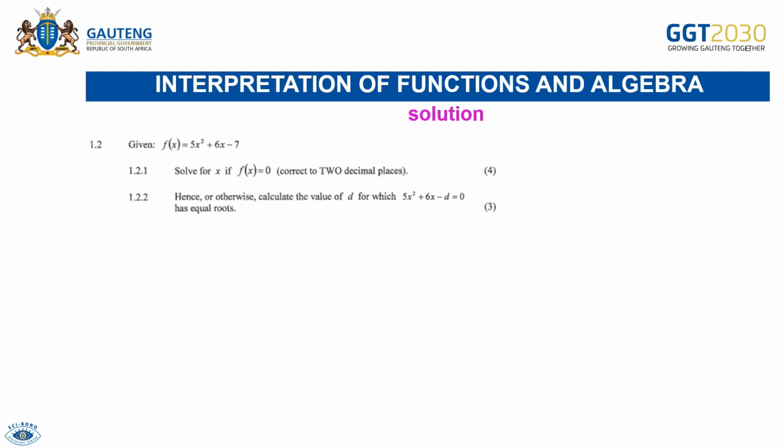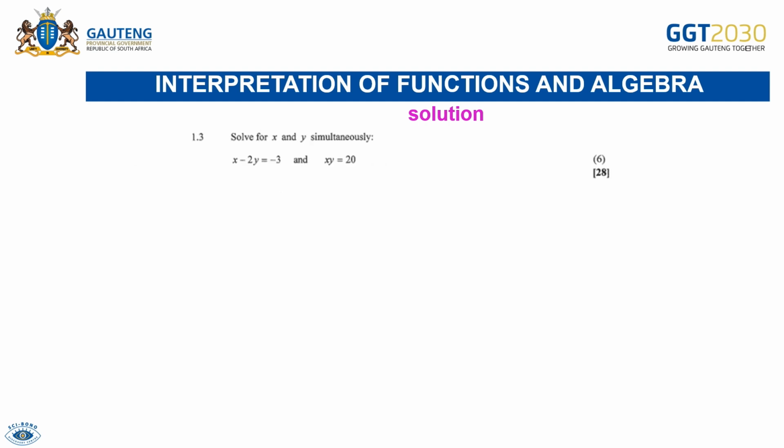For you to have equal roots, the discriminant needs to be equal to 0, right? And then you substitute your b, which is going to be 6. You substitute your a, which is going to be 5. Then you substitute your c, which is going to be negative d. Then you solve for d, simple, and you get your full 3 marks.